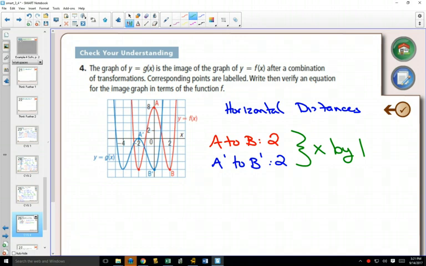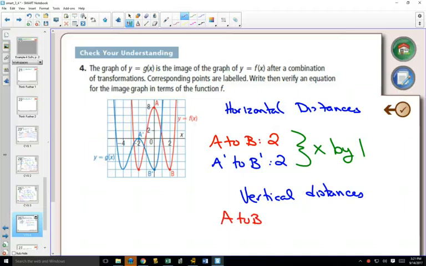When we look at the vertical distances, first from A to B, well, A starts at +8 and B is at -8. You have gone down. So here it's important, because we've gone down, we write -16.